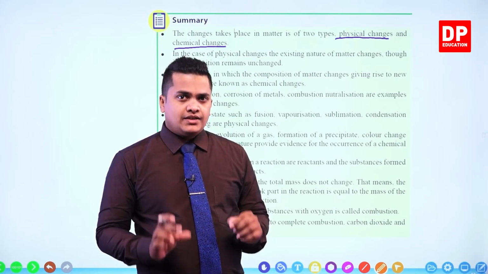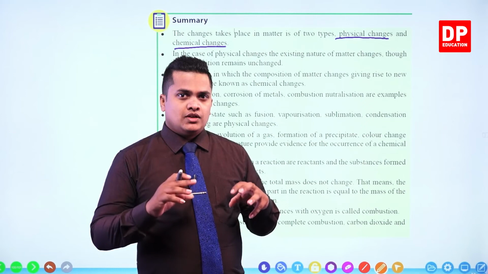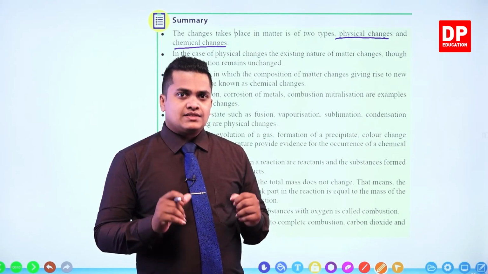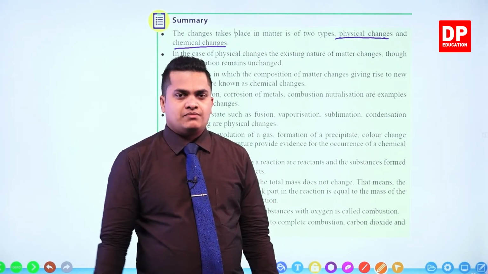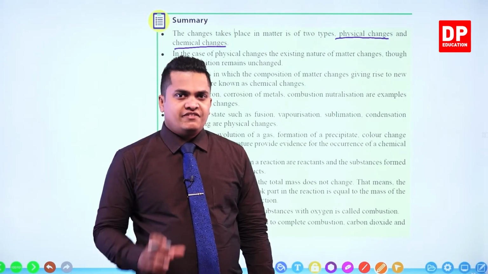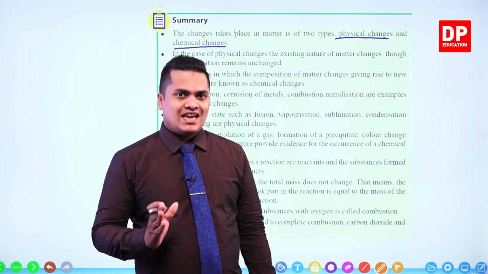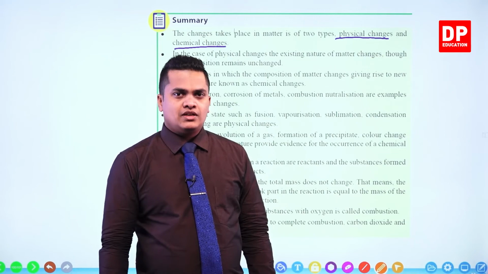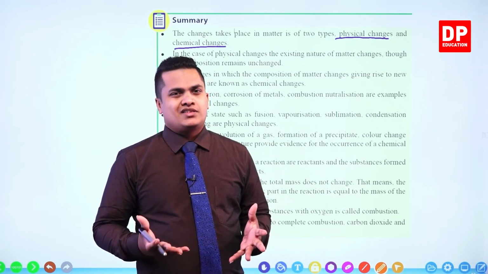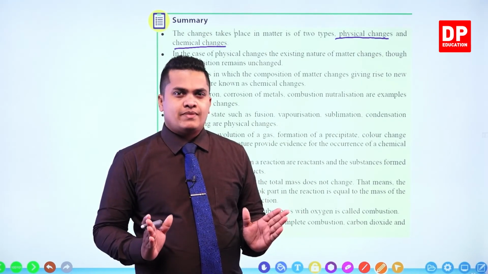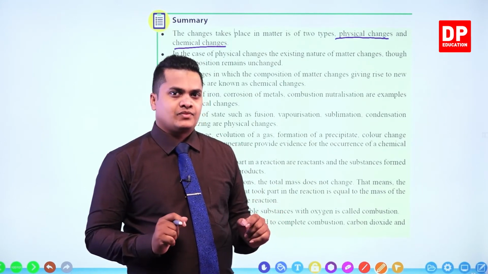But in a chemical change, atoms or particles rearrange to form new substances. Physical changes can be reverted back to the original state, but chemical changes cannot.